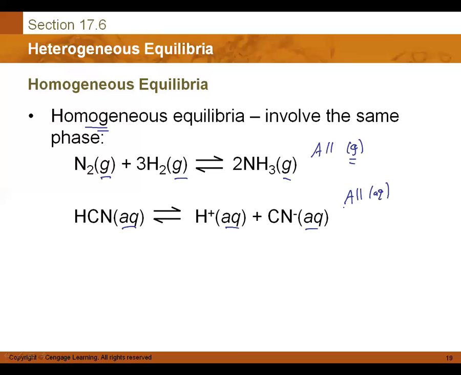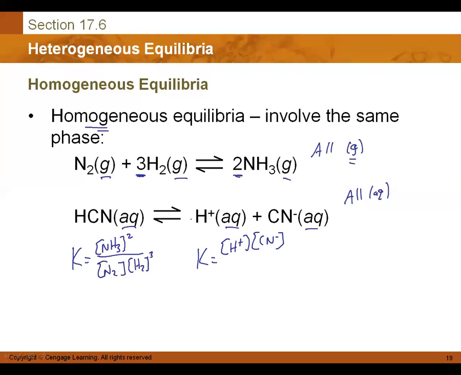And again, we could write our equilibrium expression for each of these. For the first one, it would be the NH3, which we would square because of the number, just like we saw earlier, over our N2 and our H2, which would be cubed, again because of the number. For our bottom one, it would be our H plus times our CN minus.